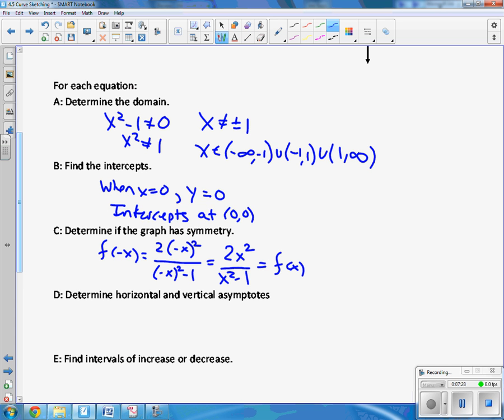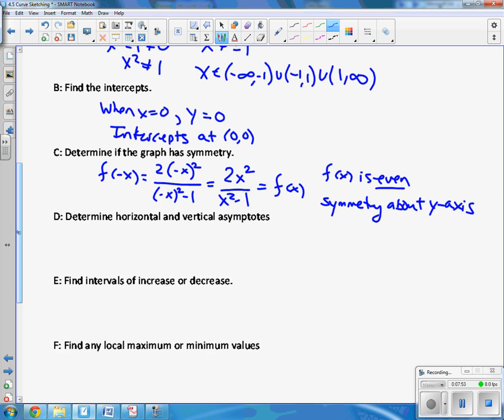This tells me that the function is even. And this means that it has symmetry about the y-axis. Okay, so that's going to be something that I can use to check later, make sure that I have a graph that has the symmetry about the y-axis.